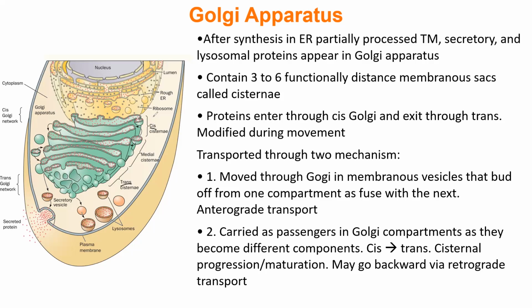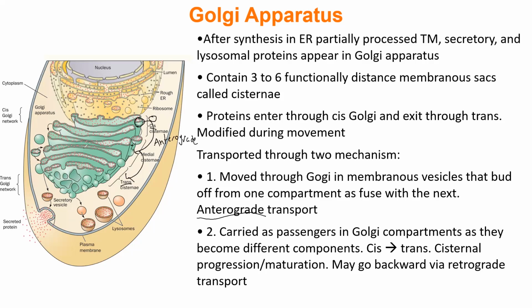If you form a bud, which is being shown here, and you just bud off and move from cis to medial and medial to trans, that's called anterograde transport. You bud off and go from one compartment to the next in your own little membrane spaceship.